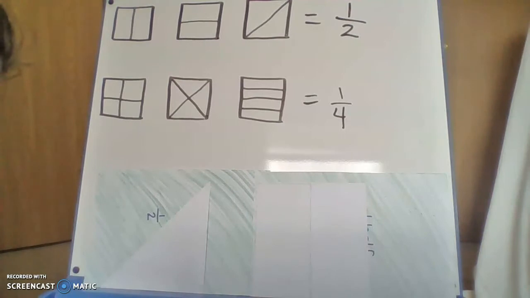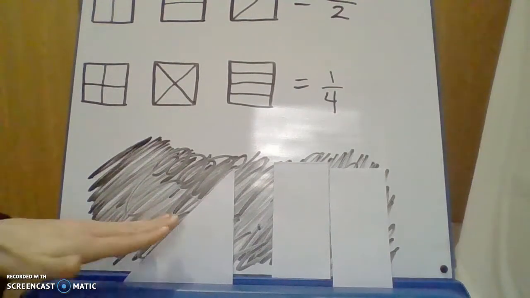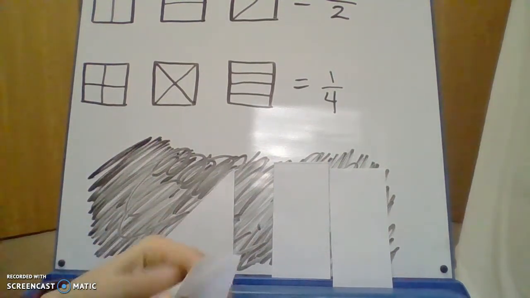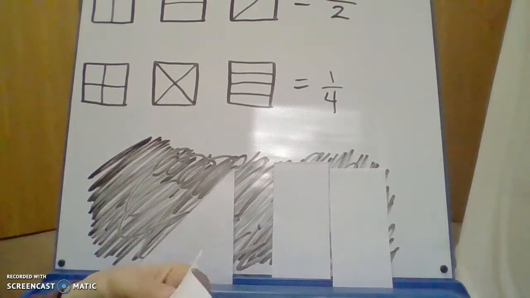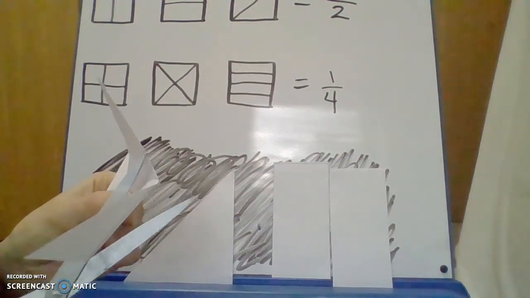Hold on, I'm going to try to make it so you can see it better. I think it's a little better, okay? So again, the triangle, and then we have our 2 squares. I'm going to take the ones that I folded and cut them now, right on the line that I folded them on.